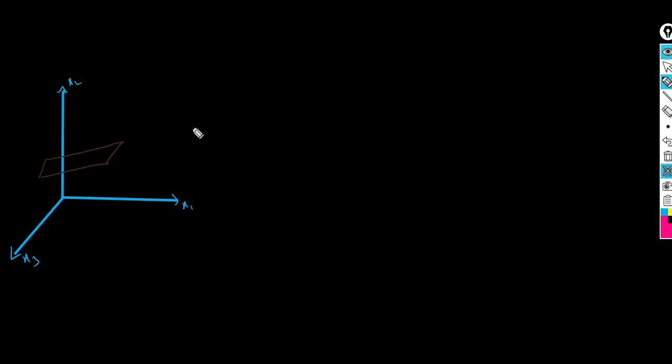Now let us see how we can represent a plane in 3D space. In linear algebra, in 3D space, we represent it as ax plus by plus cz plus d equal to 0. Here, instead of x, y, z, we have x1, x2, x3, and we rewrite this as a x1 plus b x2 plus c x3 plus d equal to 0.